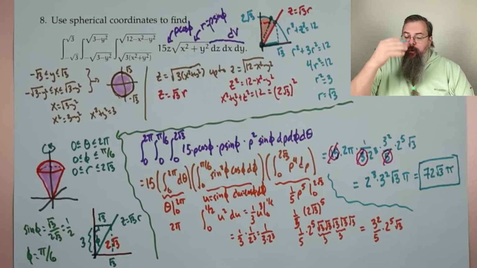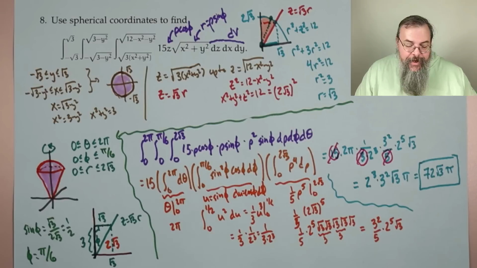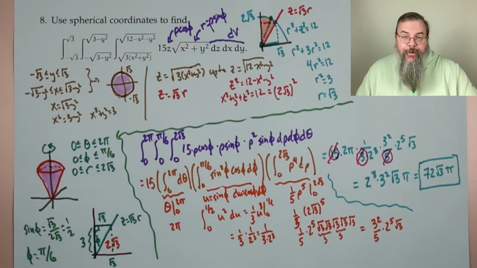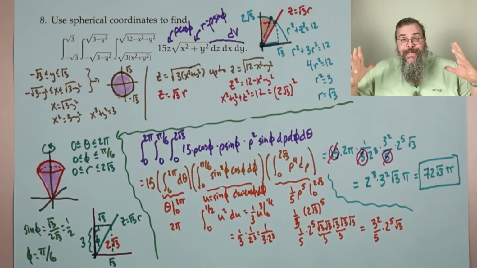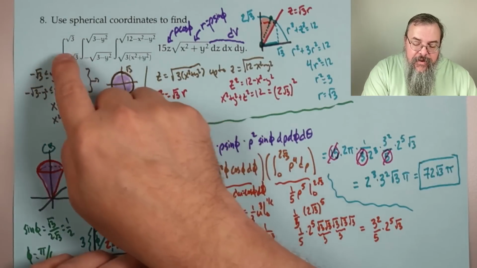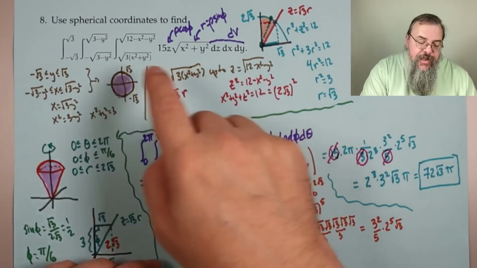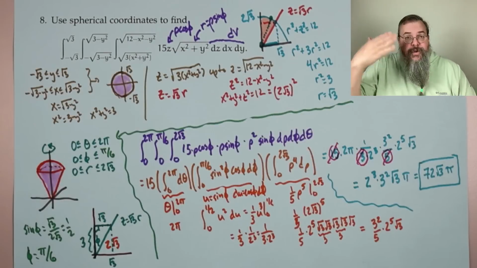Whew, nice. That was a non-trivial problem. That filled up a page. But okay, we understand the ideas. We're given something in Cartesian coordinates. Let's work on describing it, and oftentimes work in a slice.